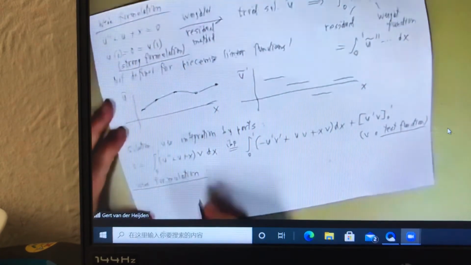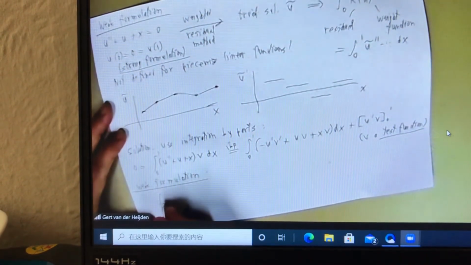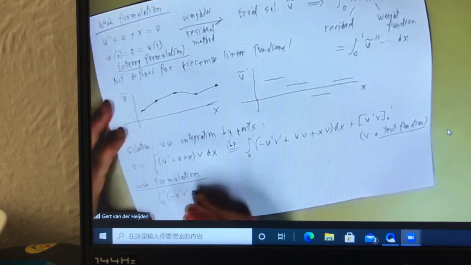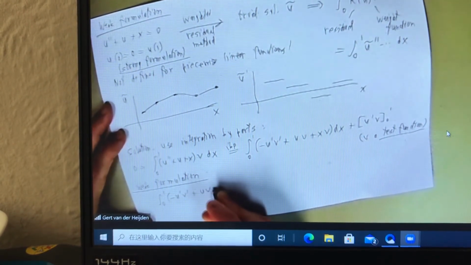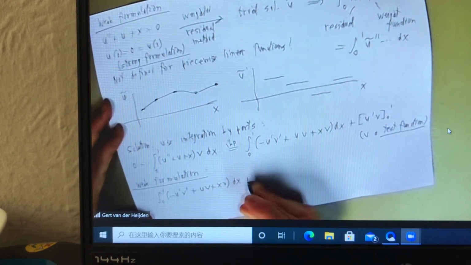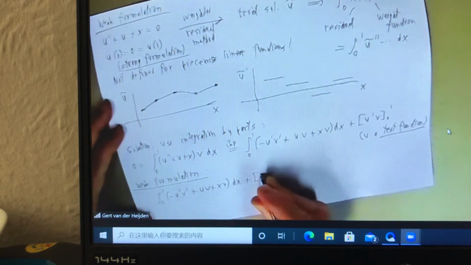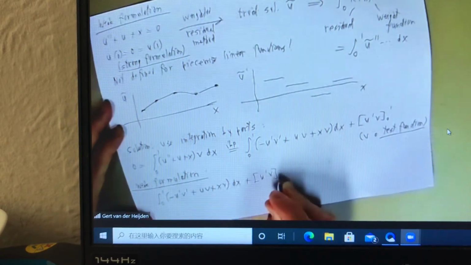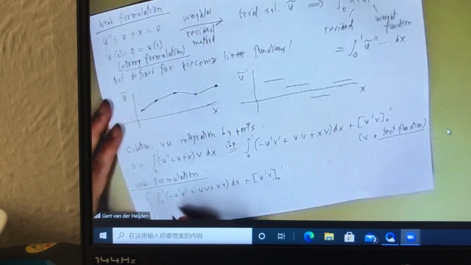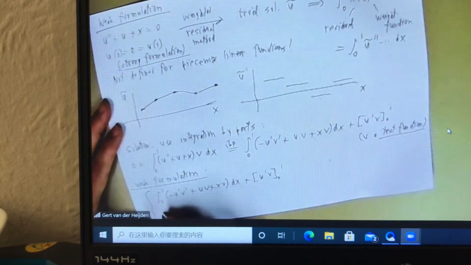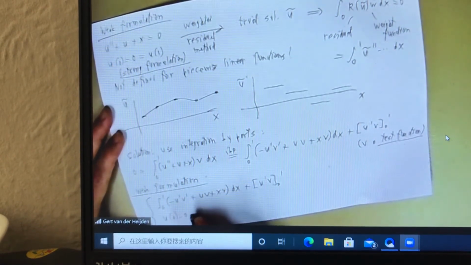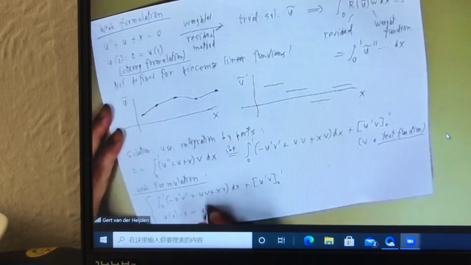So what is it? It's this integral equation: minus u prime v prime plus u v plus x v dx, plus the boundary term u prime v from 0 to 1, together with the boundary conditions, equals u1.